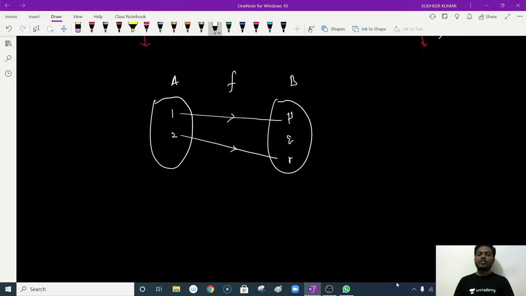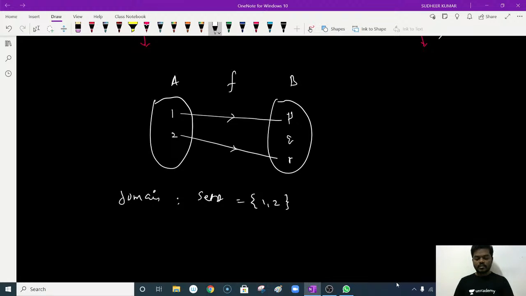This relation is a function because every element in set A is associated with a unique element in set B. Right? So here the domain is the first set, so set A. It is nothing but the set of 1, 2.